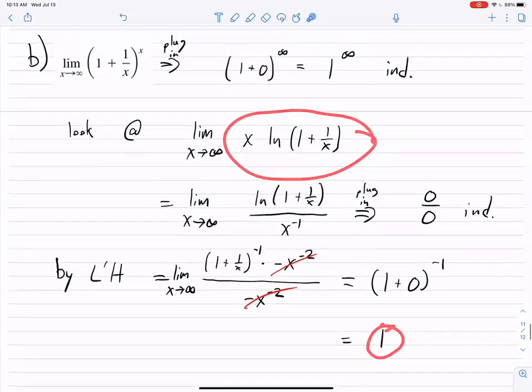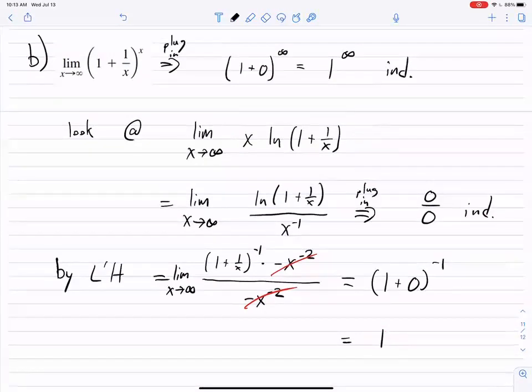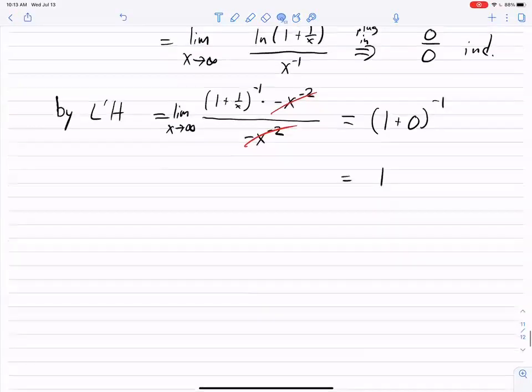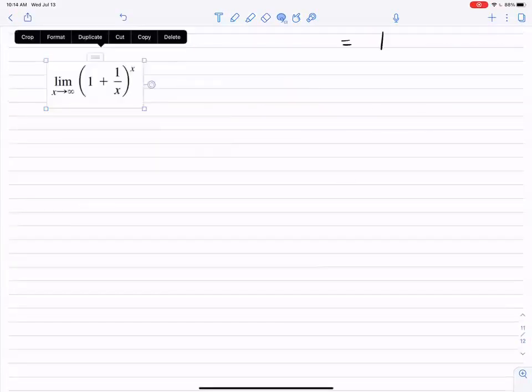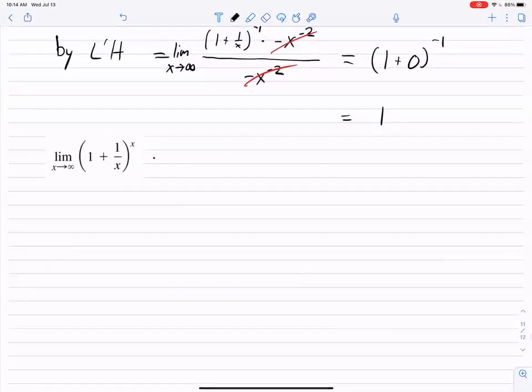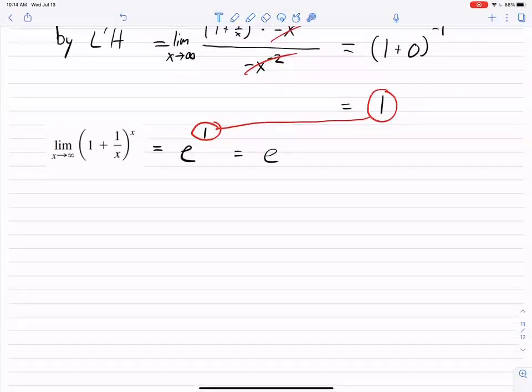And so the original limit is just e raised to whatever our ln limit was, 1. So it's e.